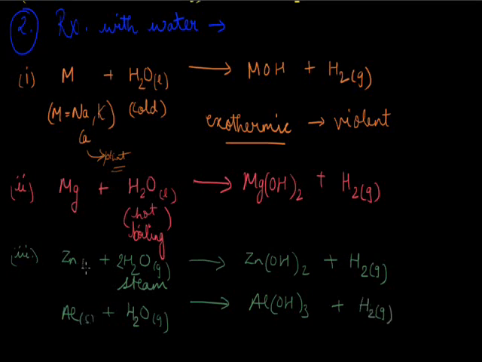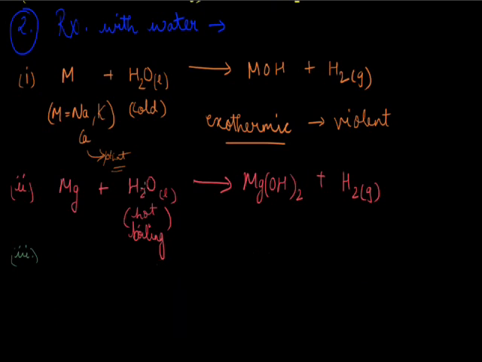So you can see in this case that zinc and aluminium do not form their hydroxides but they form their oxides. When zinc reacts with steam, it forms its oxide, that is zinc oxide. So zinc will react with water in the form of steam and it will form zinc oxide plus hydrogen gas.